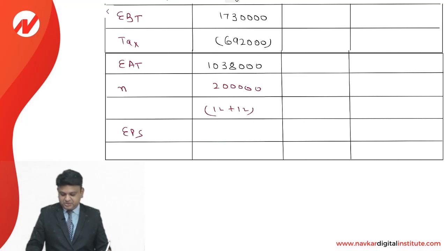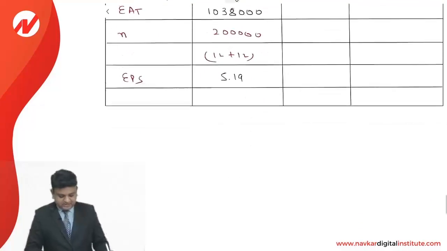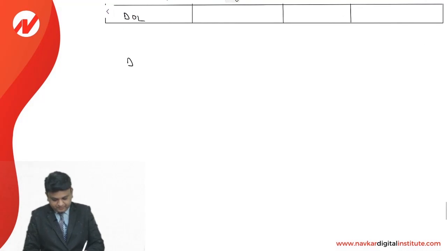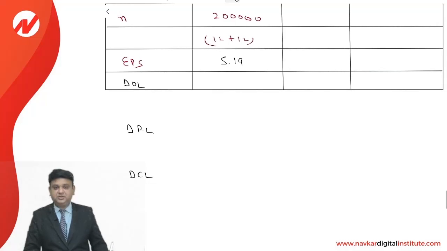Divided by the number of equity shares, 2 lakhs, the EPS is 5 rupees 19 paise. That is the way the EPS can be calculated for the first one. Then we can compute DOL, degree of operating leverage, DFL, degree of financial leverage, and DCL, degree of combined leverage.